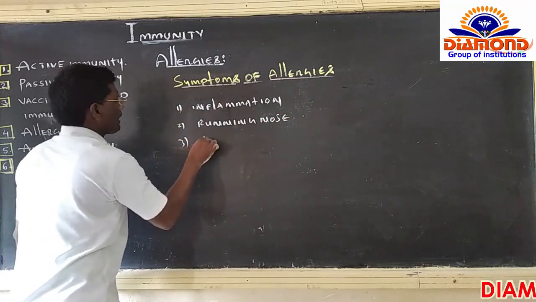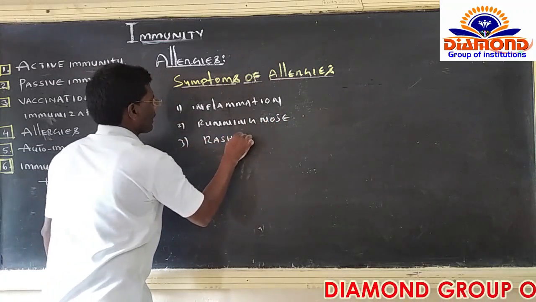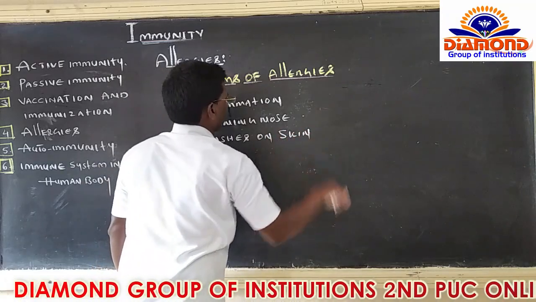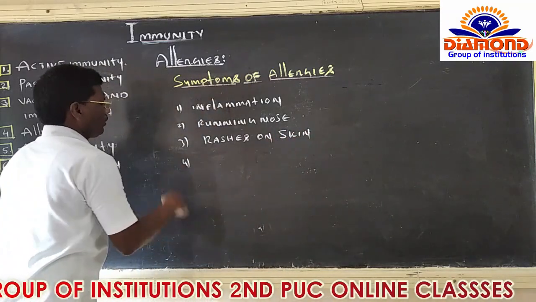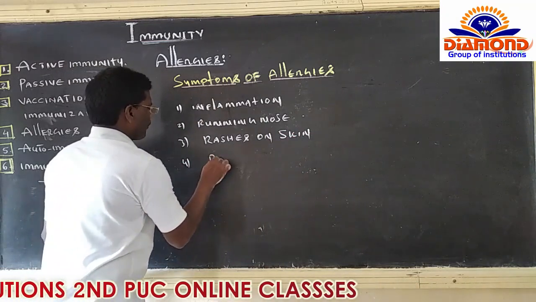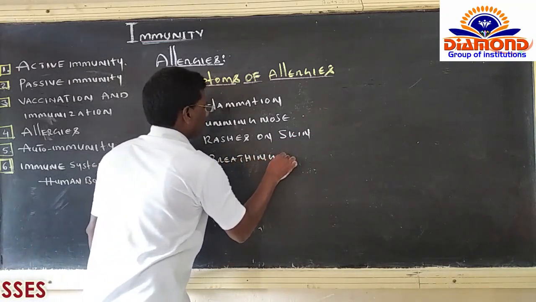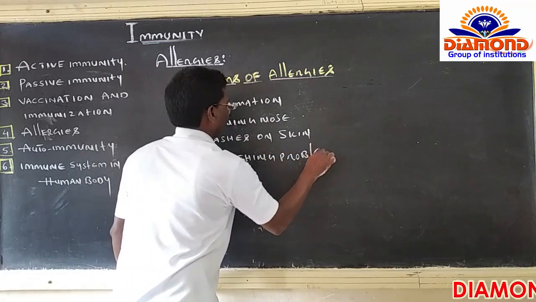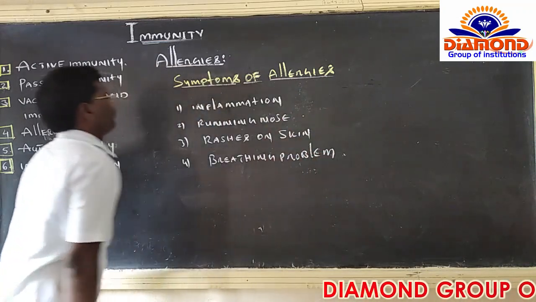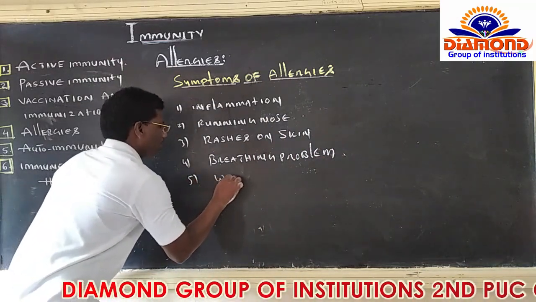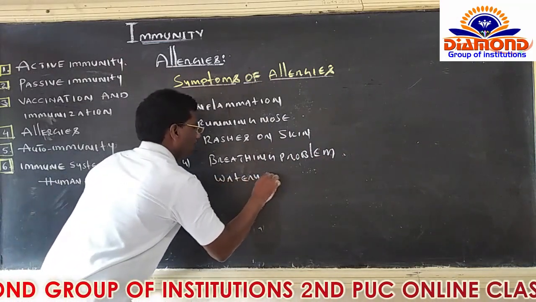Number 3, rashes on skin. Number 4, breathing problem. And number 5, watery eyes.